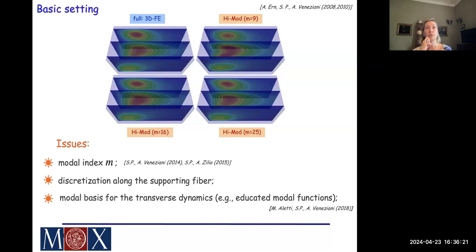And this choice allows us to impose in an essential way the boundary conditions to be assigned along the desired piece of boundaries. And this means that we can resort to the eigenfunctions of a Sturm-Liouville approximation as a modal basis function. This is the idea behind an educated modal basis approach.